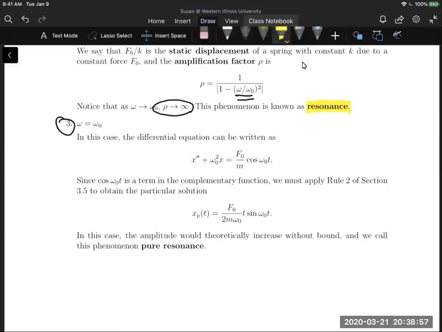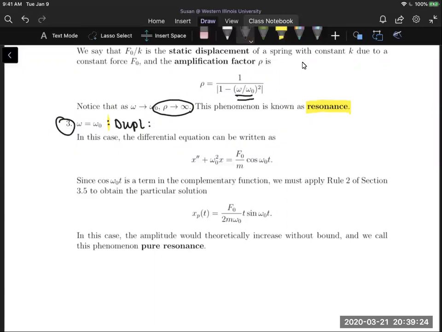So now let's look at this interesting case here where omega and omega naught are equal. In this case, we're going to have duplication of terms. And so if you think back to rule 2 from section 3.5, what we needed to do to get out of duplication is multiply by the lowest power of t so that you're no longer being duplicated in the complementary function.